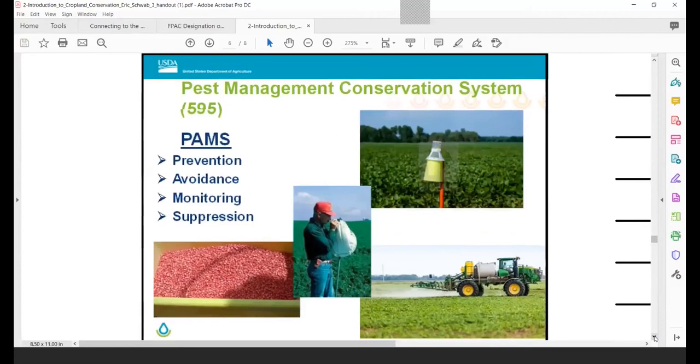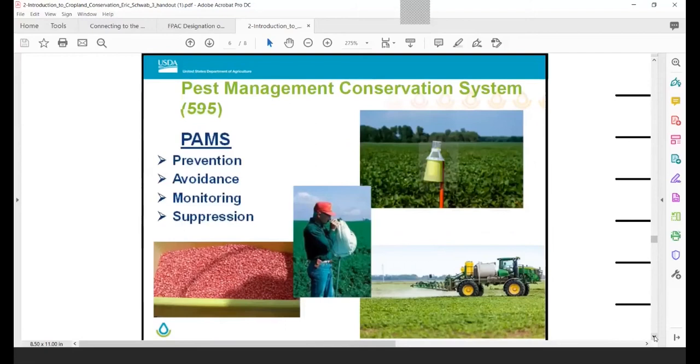When we think about the PAMS approach to pests, we want to really encourage a plan where the producer prevents and avoids pests, maybe by using certain varieties that are resistant to pests, maybe by cleaning equipment to reduce the transport of resistant weeds, things that they do so they won't have the pest, or if they do have the pest, it won't cause a problem to their crop.